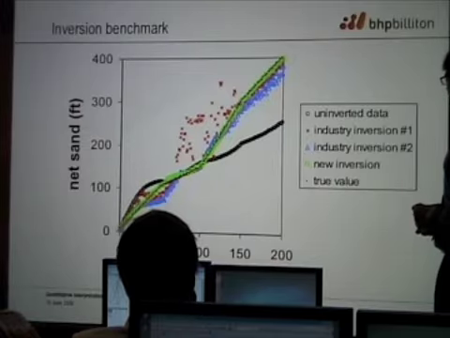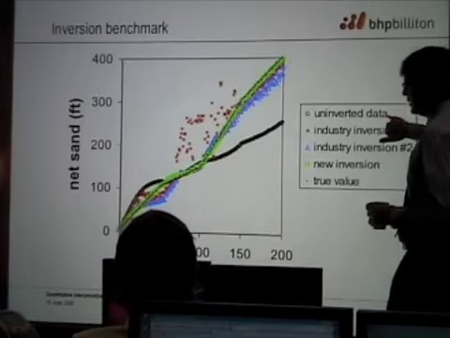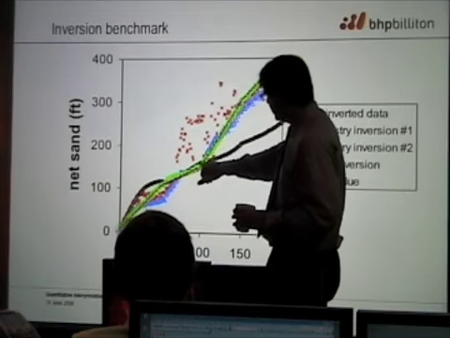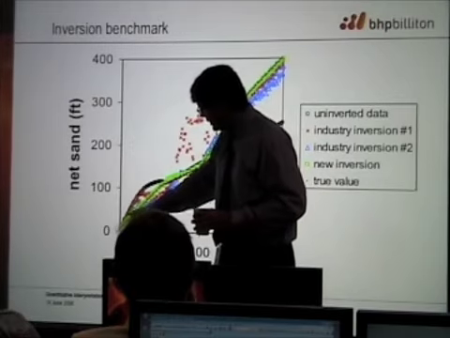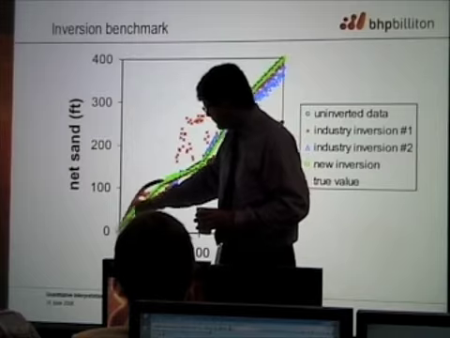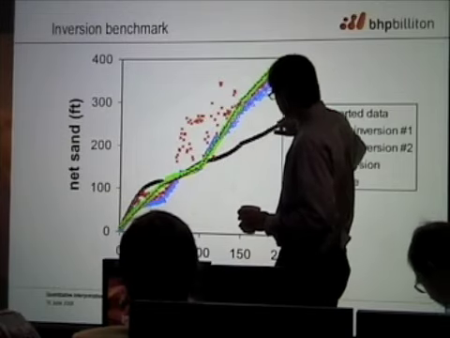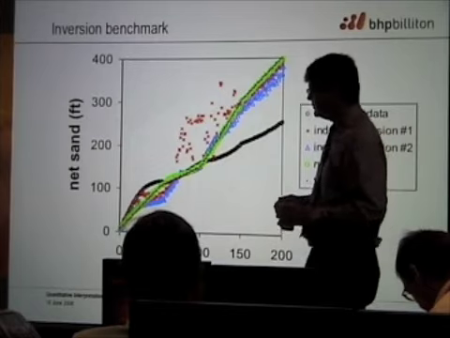First, if you do the cheap man's inversion, which is the running sum, you end up getting the black line here, which obviously has a significant deviation from different tuning effects for the thinner sands, and has about a 40% underestimate for the thicker sands.